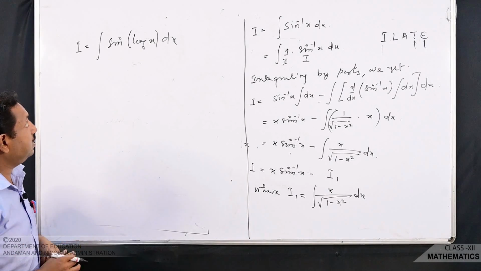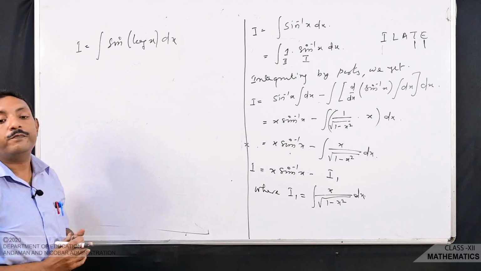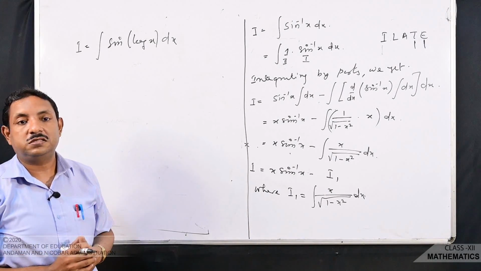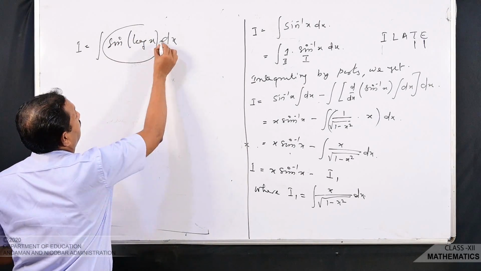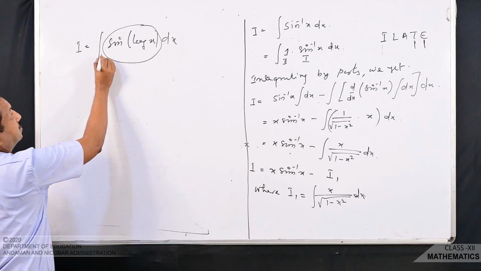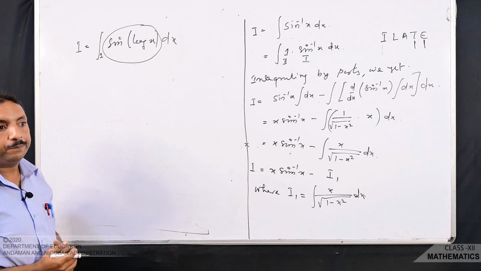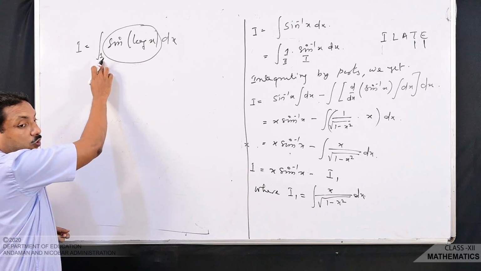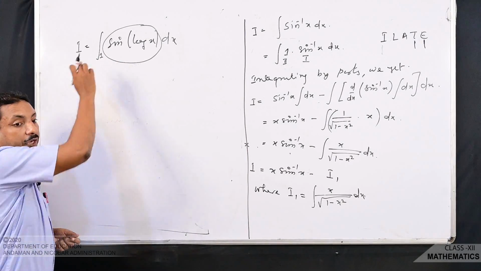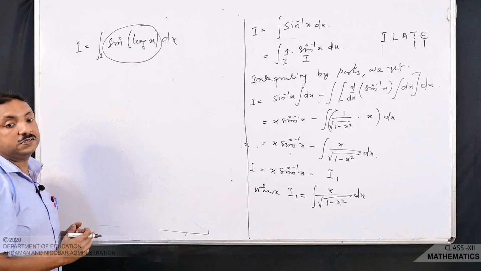But what about integration? For the integration, again we have to use integration by parts. Here, this is the full function, so you take 1 as a constant, again a similar procedure. We take this 1 as the second function because we know the integration of 1 is x.